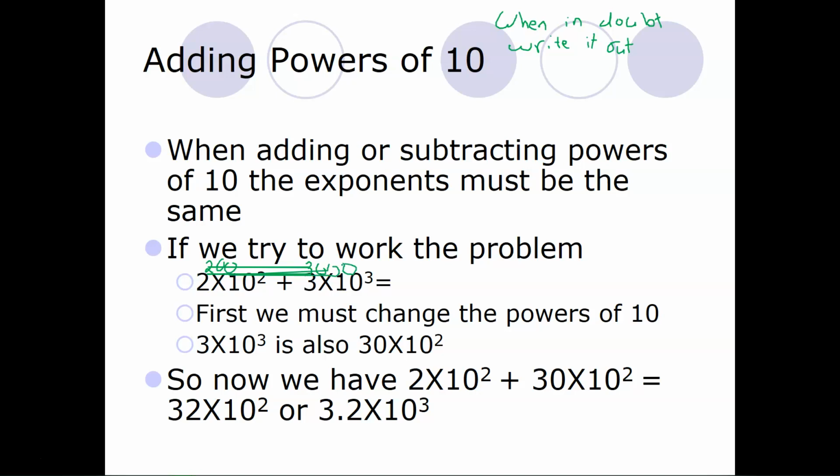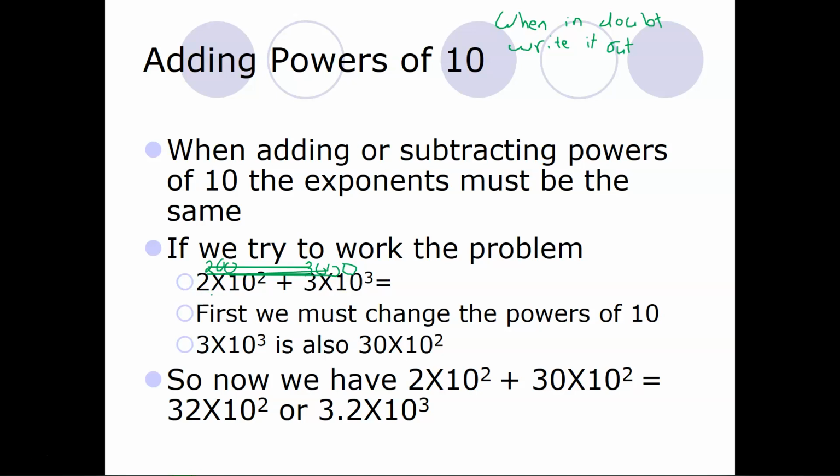So I have 203,000. That can kind of change your perception of the number. So there's a couple of different ways that I could redo this whole problem. So yes, I can solve it by making 3 times 10 to the third into 30 times 10 to the second.